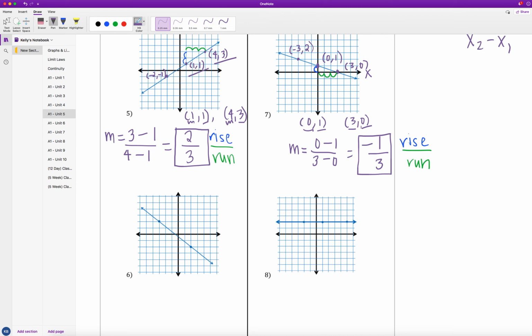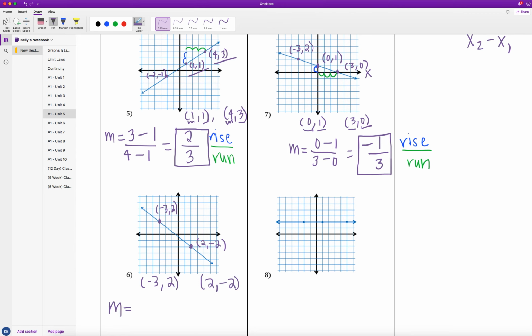I'm going to start by checking it algebraically, so let's find 2 points. I've got (2, -2) down here, and then the other point I have is up here, which would be (-3, 2). So I only have those 2 points. That's fine. All I need is 2 points to find the slope. So let's write this out.